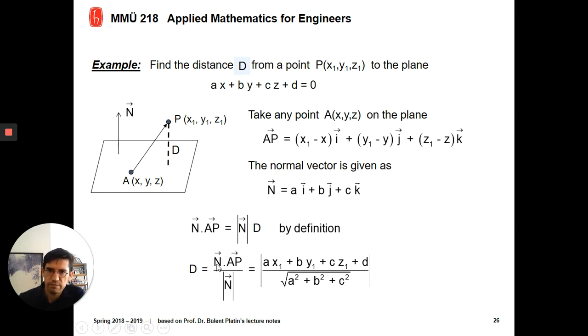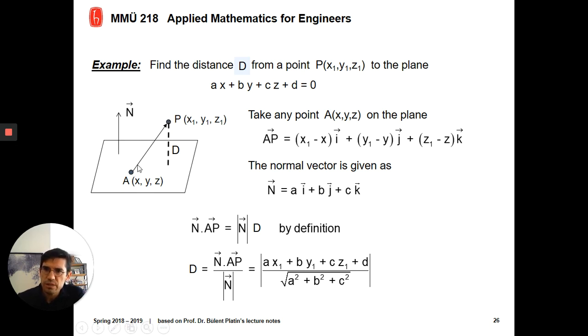If I divide a vector by its length, that becomes a unit vector. So I'm trying to take the dot product with AP. AP is some random point in the plane, and to the actual point that I'm interested in, that's my vector.